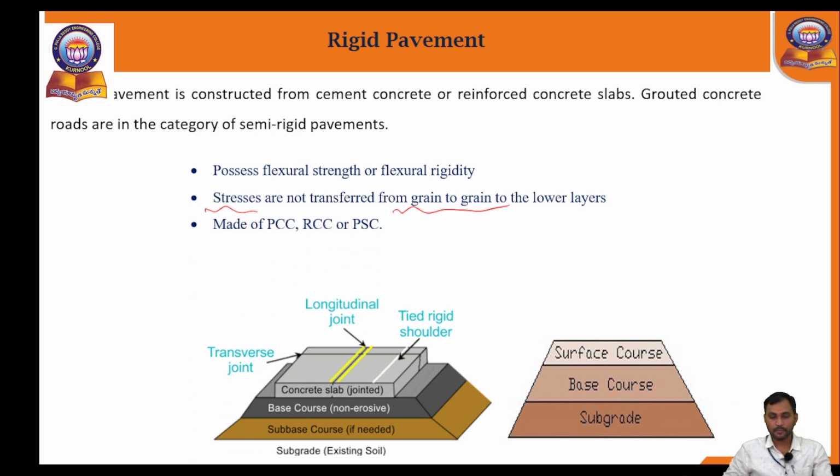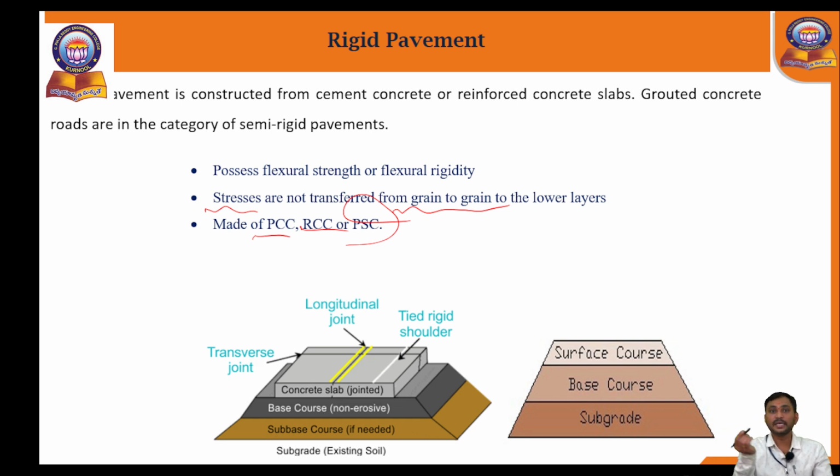Next, these types of rigid pavement roads are made by plain cement concrete, reinforced cement concrete and pre-stressed concrete. Sir, what is this pre-stressed concrete? We can observe it on the bridges, with pre-stressed or post-tensioned steel concrete, or on flyovers.